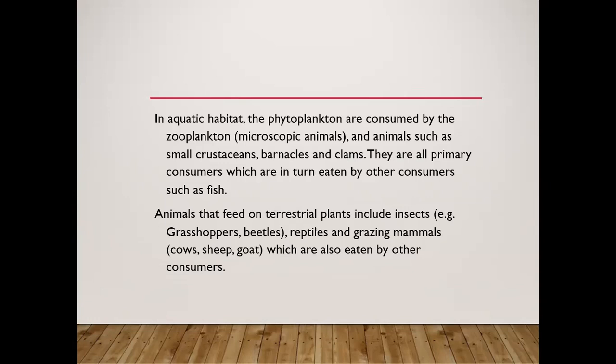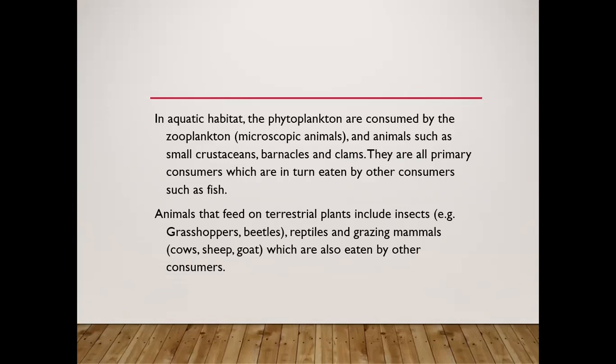From here, you should be able to form a food chain. Soon in this topic, you will realize what we call a food chain. What is a food chain? It talks about how energy moves from the first organism, and normally in a food chain, the first organism is usually a plant because it is the primary producer.